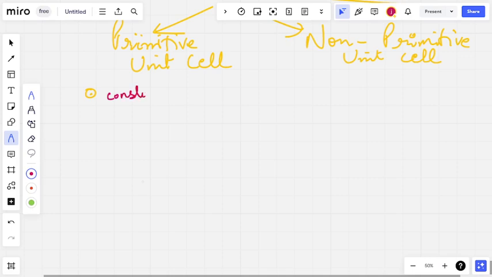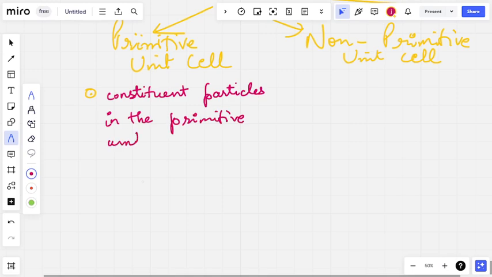A primitive unit cell is simply one where constituent particles are present only at the corners.